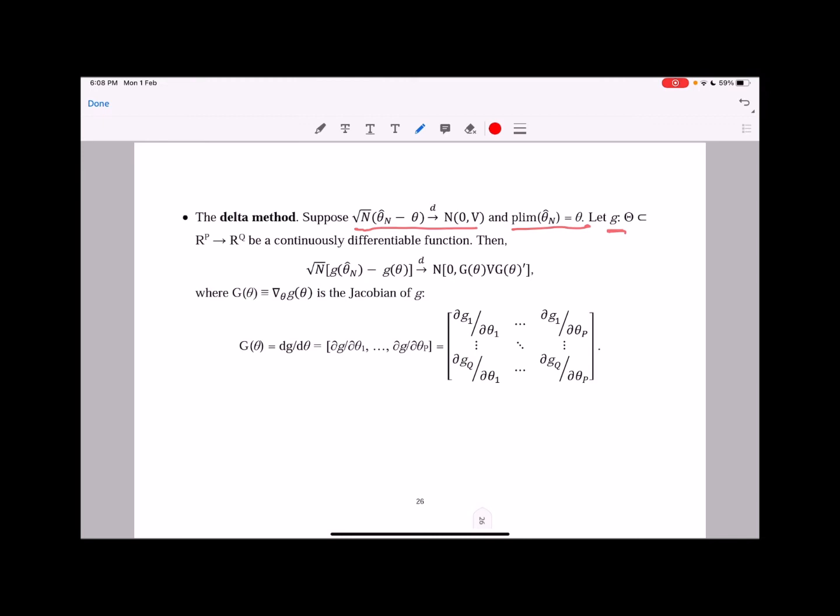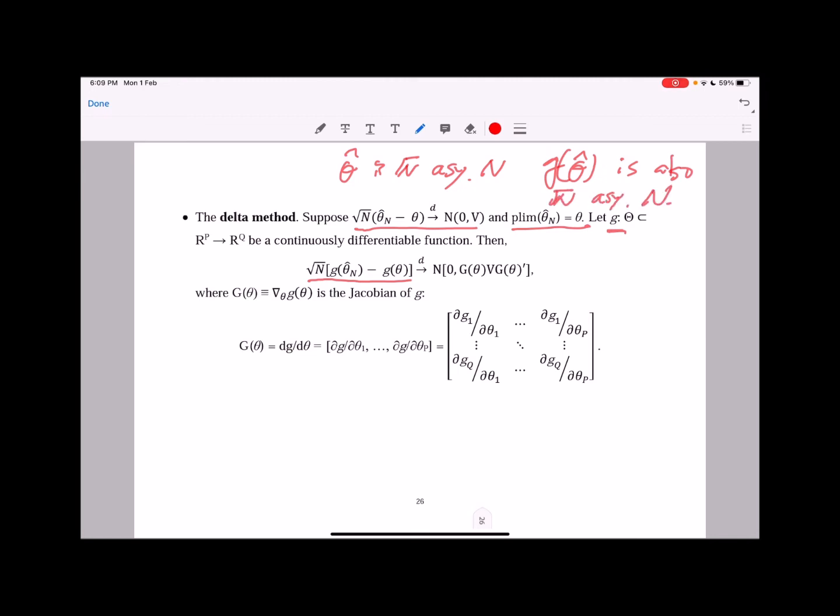Then we can show that if theta hat is square root of n asymptotically normal, then g of theta hat is also square root of n asymptotically normal.